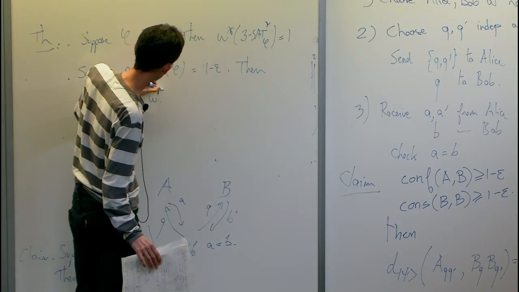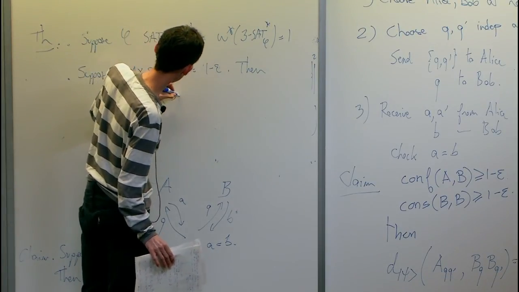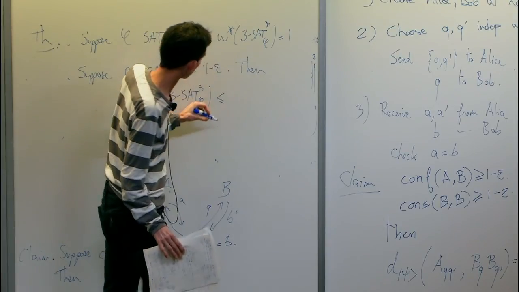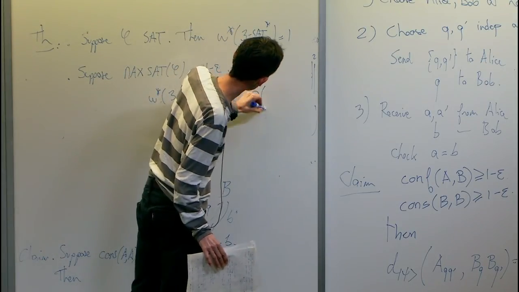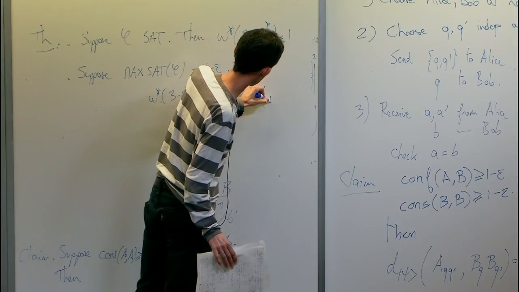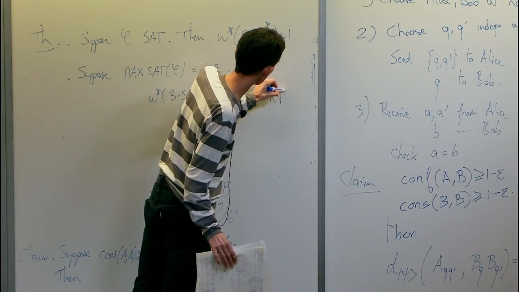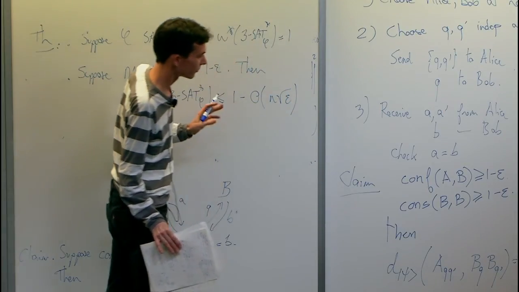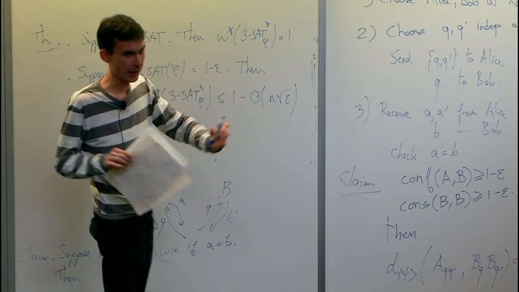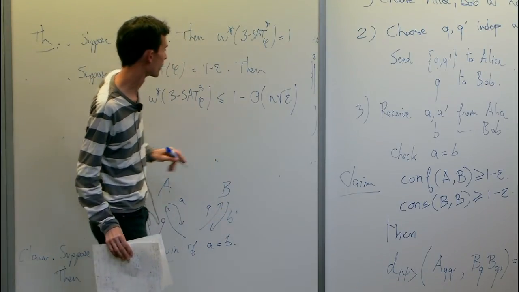The omega star of the basic 3-SAT game could be 1, but the 3-SAT star game is at most 1 minus a big loss, n, the number of variables, times root epsilon. Basically, because I got root epsilon for every pair, and then I have my n measurements, so I get a loss of a factor n here.